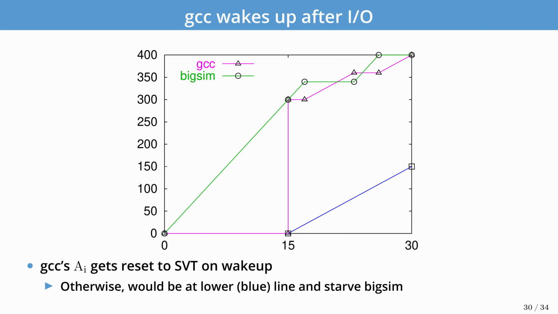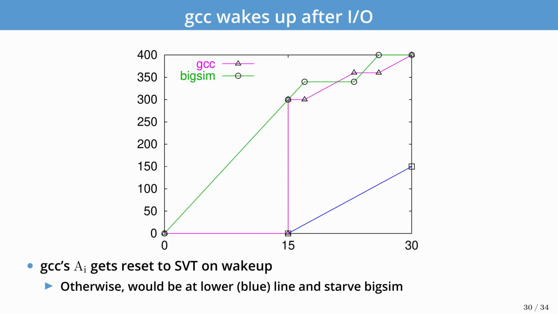So here we're showing GCC and BigSim again with the same weighting factors, and if you look at the top right of the graph, it should look similar to before, but the difference is that for the first 15 units of real time, GCC was asleep and then woke up. During this time, there were no other processes, so BigSim consumed the CPU entirely, and at time t = 15, GCC wakes up, and we can show both possibilities of what could happen.